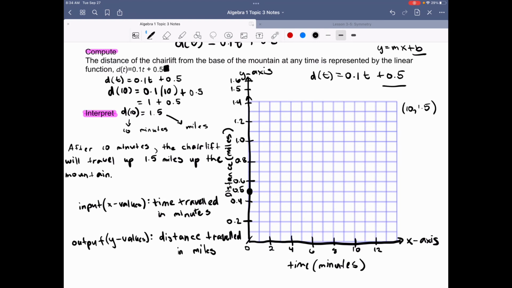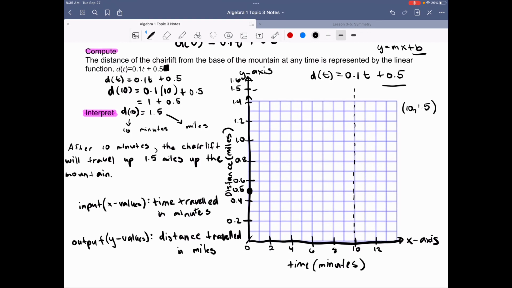We start with the x in our point. 10, and then you can draw a line up all the way, and we find 1.5. You can follow the dash lines, and where they meet is where that point will end up.